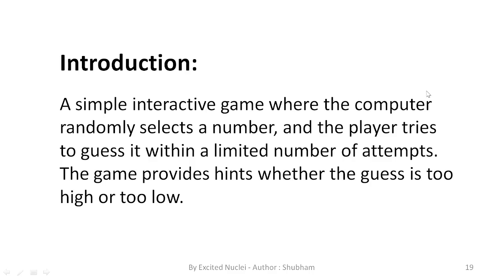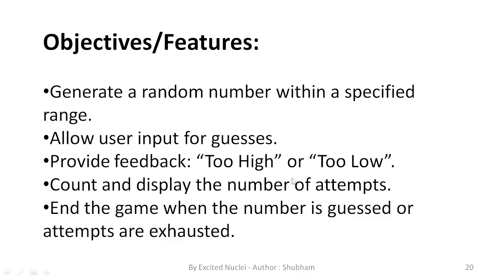Let me share the next slide, and that is objectives and features. Our main objective is to generate a random number within a specified range. Also allow user input for guesses, and that is obvious. The next thing is feedback, basically too high, too low, or maybe close. And then the count of the number of attempts.